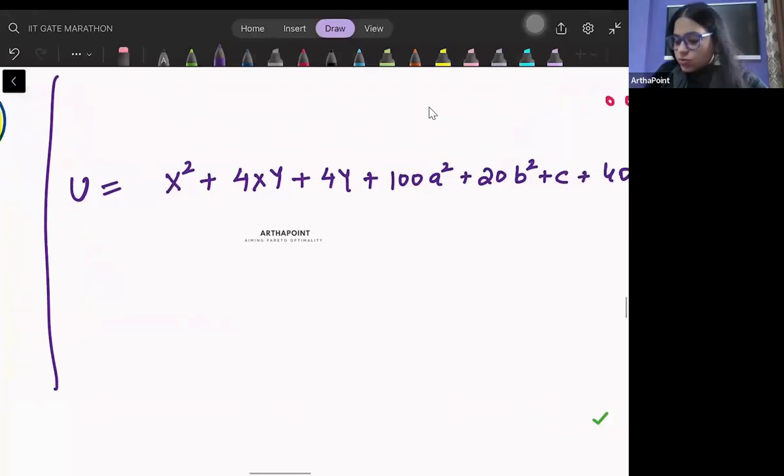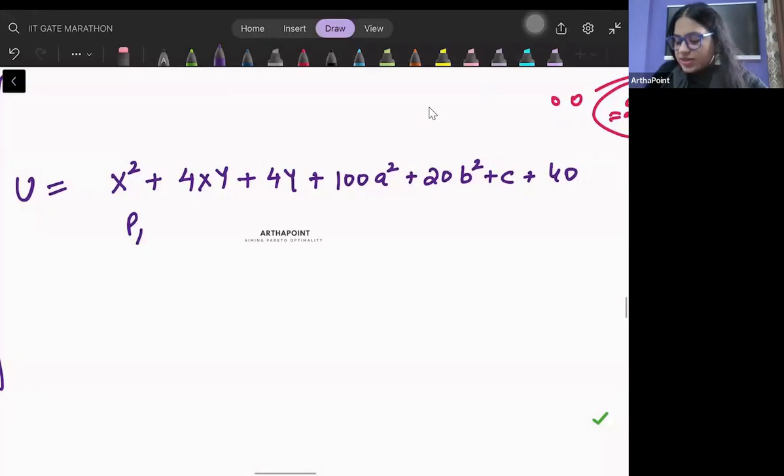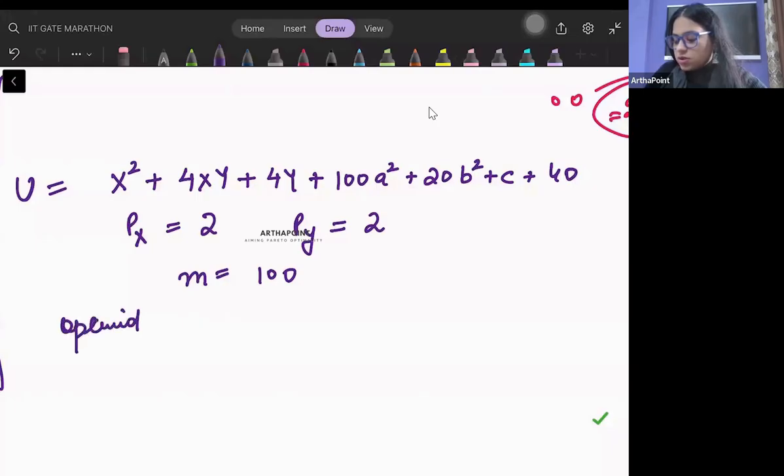Then they ask you, price of good x is 2, price of good y is 2. Income of the consumer is 100. The optimal consumption bundle will be.